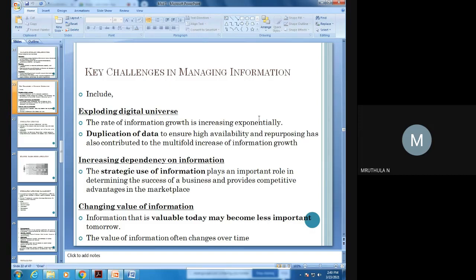Exploding digital universe means the rate of information growth is increasing exponentially, and duplication of data to ensure high availability and repurposing has also contributed to the multifold increase in information growth. Next one, increasing dependency on information, means information plays an important role in business, our day-to-day life, etc.